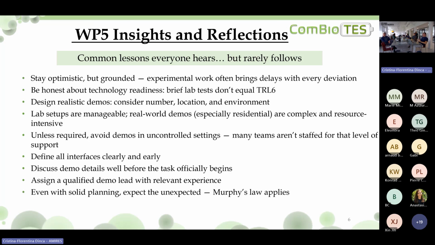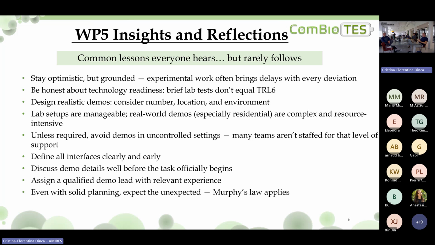For each demo, you have to be sure that you have a single person or a single team, a qualified team that will lead the demo, that will be able to know that to do that we need this point, this point, this point, and this point. If not, you will fail the demo.